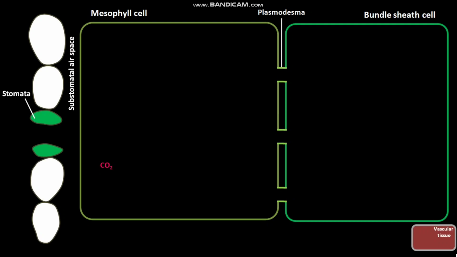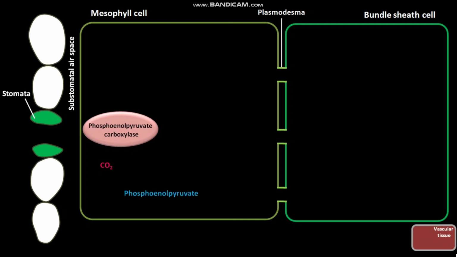In mesophyll cell, a cytosolic enzyme, phosphoenol pyruvate carboxylase, then catalyzes a biochemical reaction in which cytosolic CO2 and phosphoenol pyruvate react with each other to form oxaloacetate and Pi. Oxaloacetate is a 4-carbon compound.